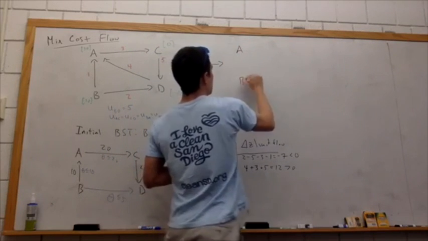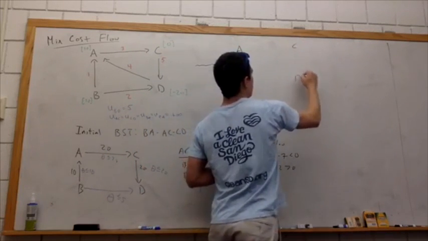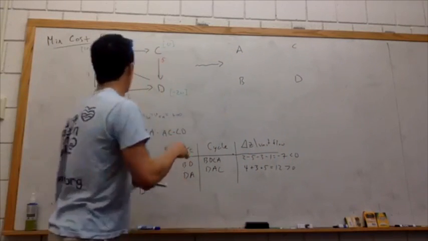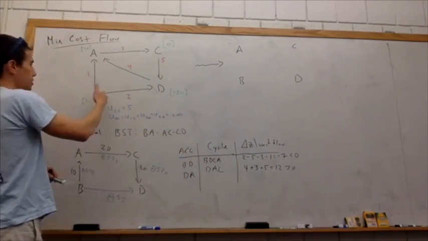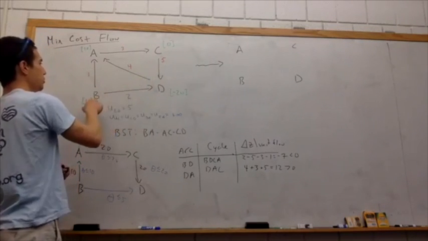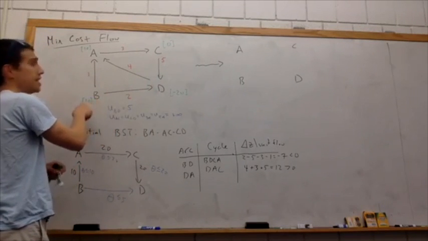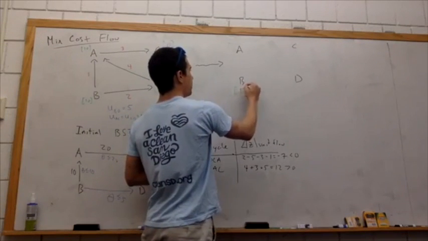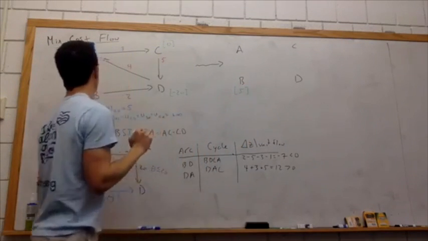A, B, C, D. And now the net flow is going to be different from here because we're imagining that we're already sending 5 units of flow from B to D. So B is already sending 5 units. It needs to send 10 total. So now in this new graph, the net flow from B needs to be 5.